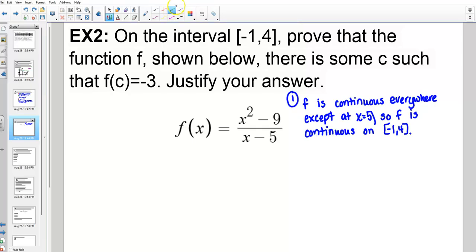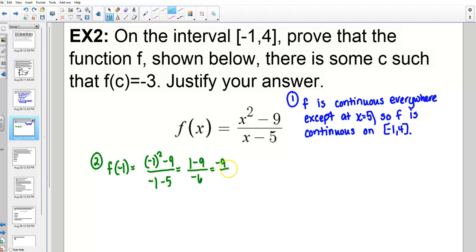Okay, so the second thing that we're going to do is we've got to see, so if f is continuous, we need to know what f of -1 is and what f of 4 is. So this is our second step, f of -1 is going to be -1 squared minus 9 over -1 minus 5, which is 1 minus 9 over -6.